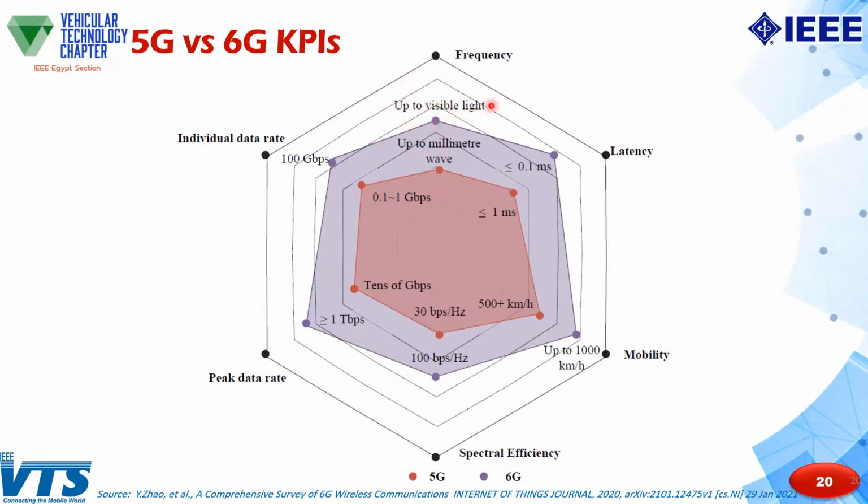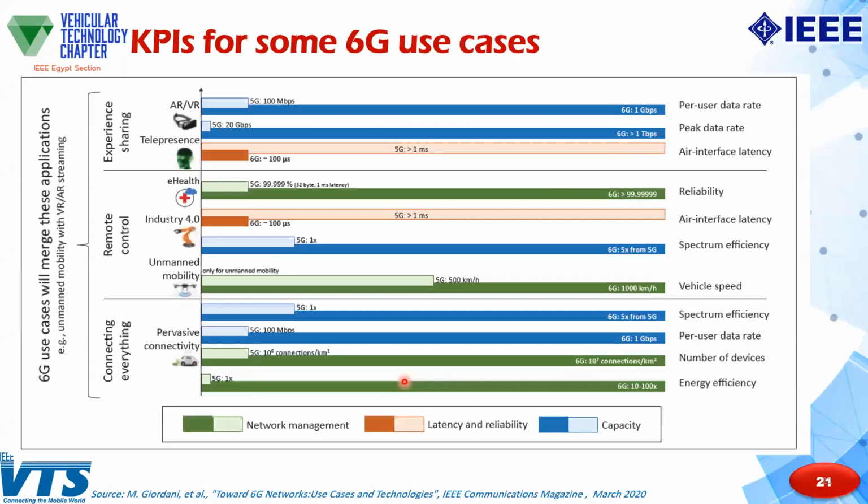By introducing visible light communication, you can use sub-terahertz or maybe terahertz itself as a carrier, so your data rate will be enlarged by maybe 100 with respect to millimeter wave. The light will also have small latency, and the mobility will reach up to 1,000 kilometers per hour, and the big data rate may be 1 terabit per second.